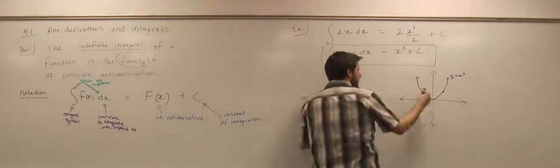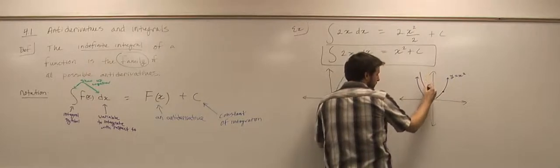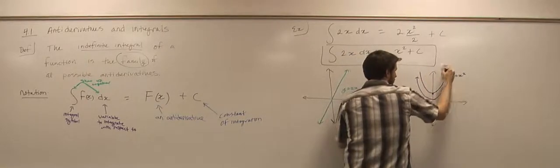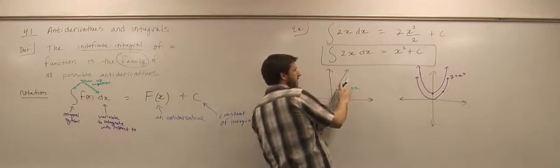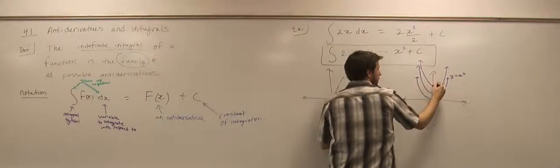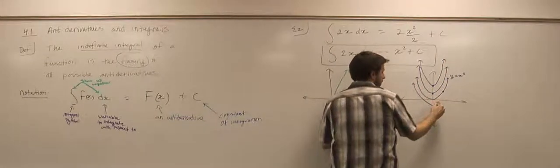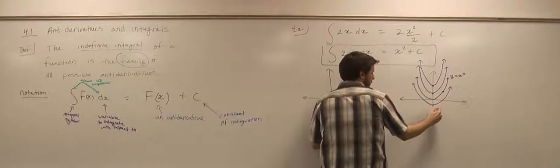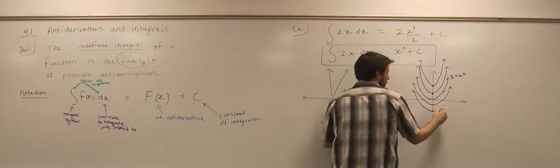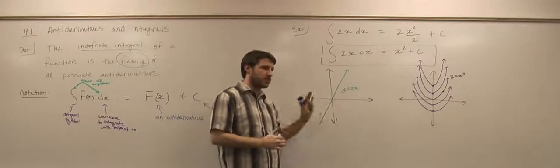The indefinite integral says, you know what? I want all of them. I want all possible functions that have this as their slope. So you can move it up, or you can move it down. As long as it's a parabola, they're all going to have the same formula for their slope.